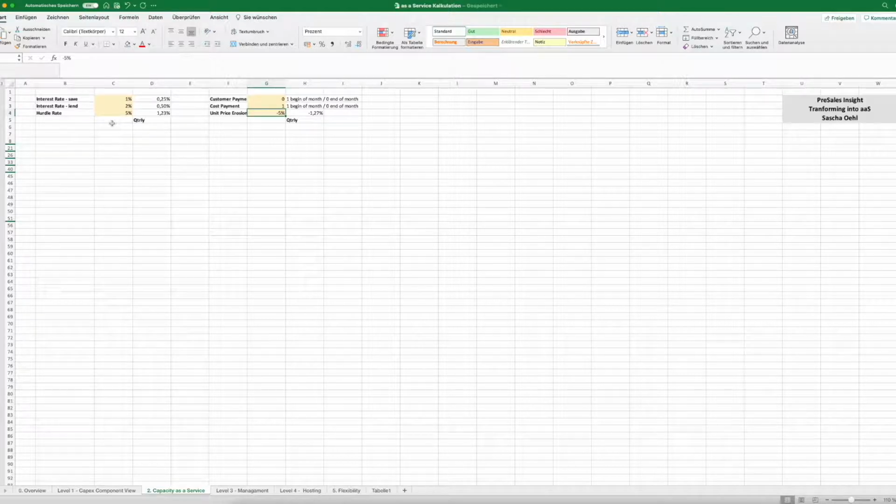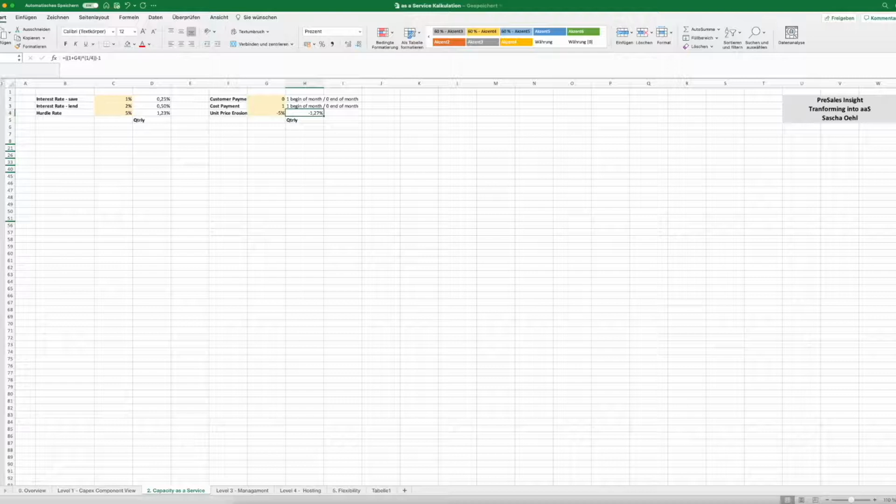In that case, a price erosion of -5% for the unit for the year, which turns into a quarterly -1.27%. This again are the input parameters that we use for our calculation.